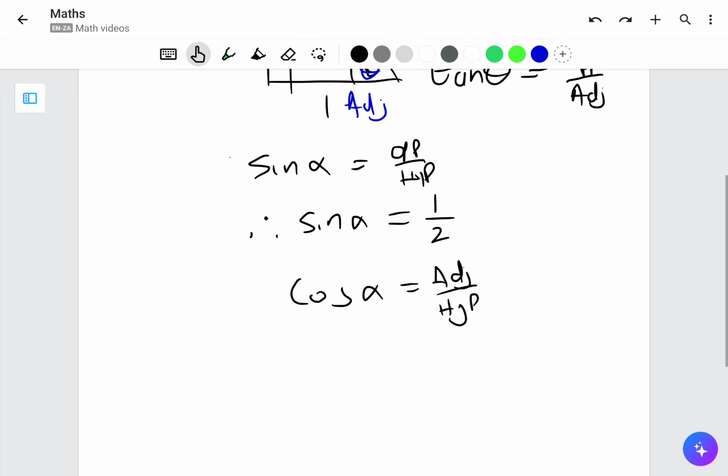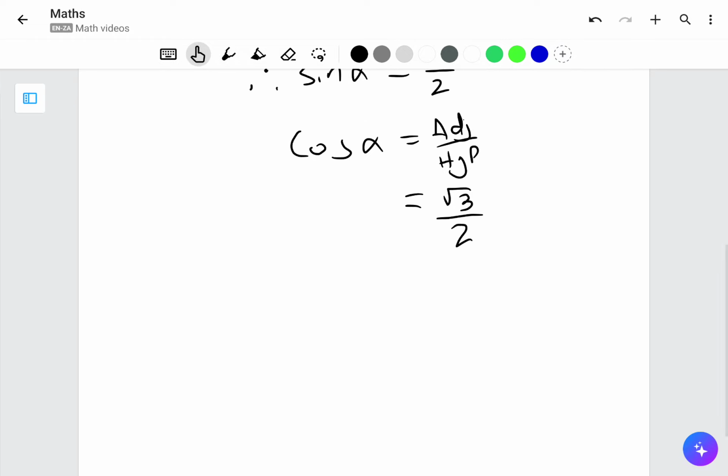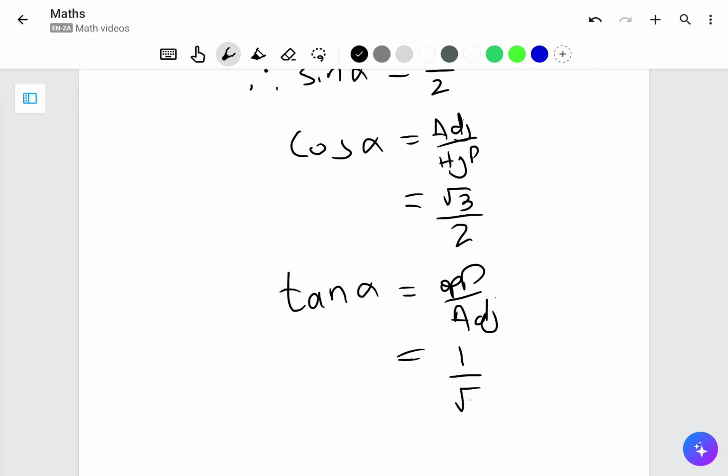So that is root 3, and our hypotenuse is 2. Then we have one more to represent in terms of alpha, and we can say that tan alpha equals opposite over adjacent. Opposite to alpha was the number 1, and adjacent to alpha was root 3. So tan alpha equals 1 over root 3.